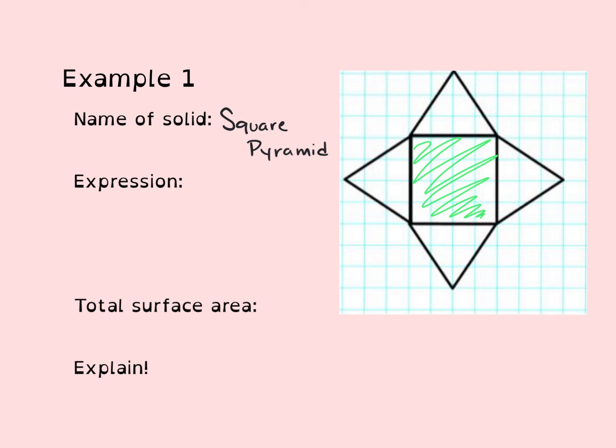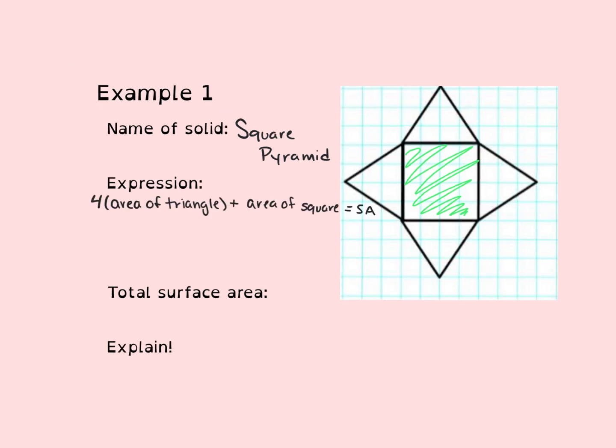Let's think about our expression now. We know that we have 4 triangles in our shape and a square. We are going to need an expression that will add the area of 4 triangles plus 1 square. So the expression I have written says 4 times the area of the triangle plus the area of the square will give us the surface area.